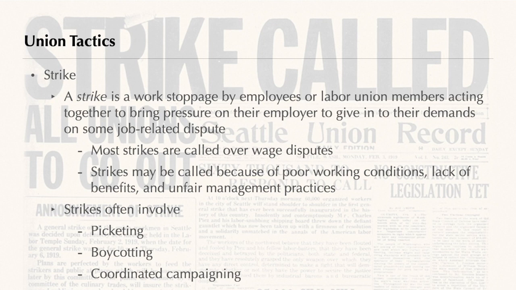Mediation by the federal government helped to end the 15-day strike, as UPS management agreed to a number of union demands. Strikes often involve more than the stoppage of work. Three tactics commonly are used in carrying out strikes: picketing, boycotting, and coordinated campaigning.